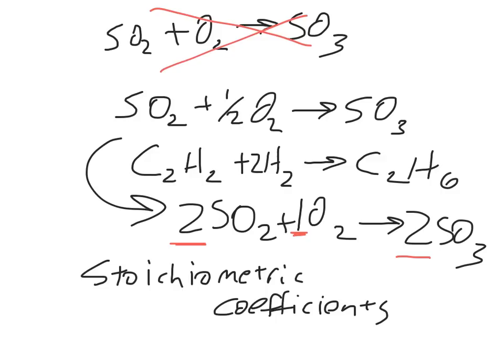We just need to remember that for a balanced equation, the stoichiometric coefficients are the numbers in front of each reaction species. And let me write this again to remind you: 1 would be here, 2 here, 1 here, 1, 1/2, 1.